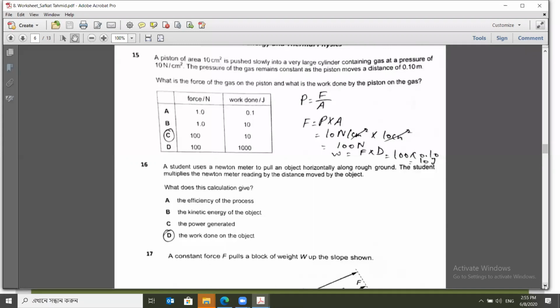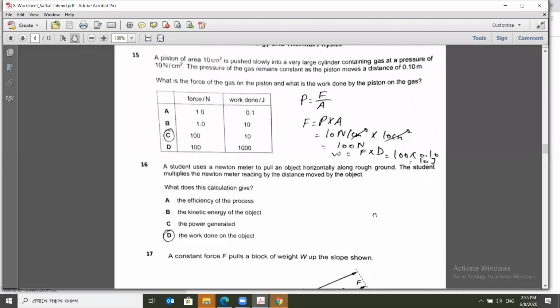Yes, sir. After we rearrange the formula, the pressure is 10 Newton per centimeter square, and the area of the piston is 10 centimeter square. So we simply multiply 10 by 10, the centimeter square is gone, and it will be 100 Newton.